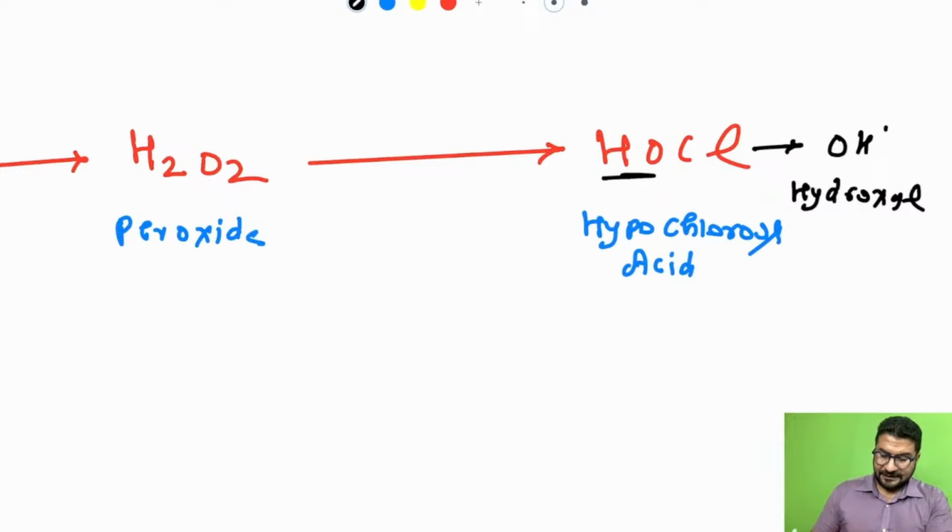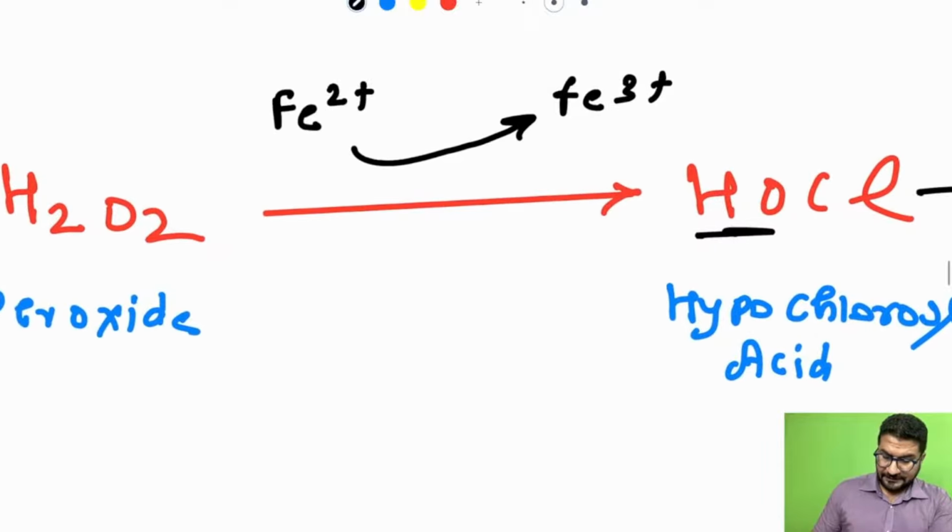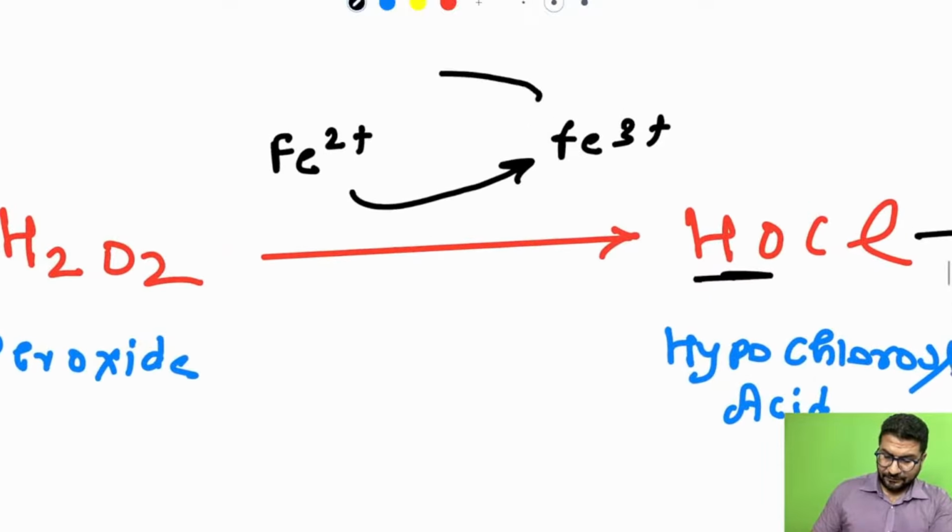Similarly, understand there is iron, Fe2+. This Fe2+ will convert into Fe3+, and when this Fe3+ converts back into Fe2+, you can see Fe2+ and Fe3+ keep converting into each other. They also use oxygen as a free radical.